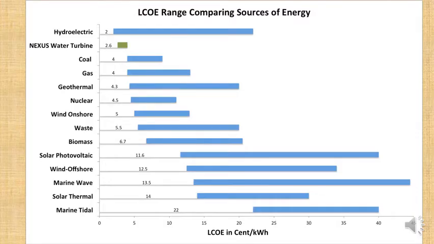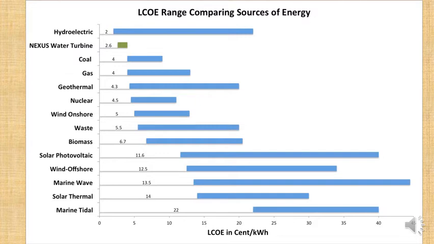So here's an example of different levelized costs of energy, measured in cents per kilowatt hour on the x-axis. And on the y-axis, we've got different ways to generate electricity. We've got hydroelectric from a dam, coal, gas, wind, solar power, all sorts of ways of making electricity.